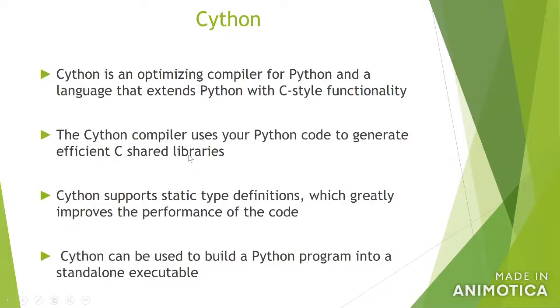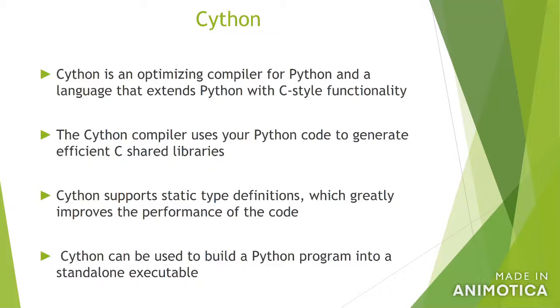So you can write a Python program and use Cython to compile it into C shared libraries, which means in a C program you can call your Python program. This is very powerful.